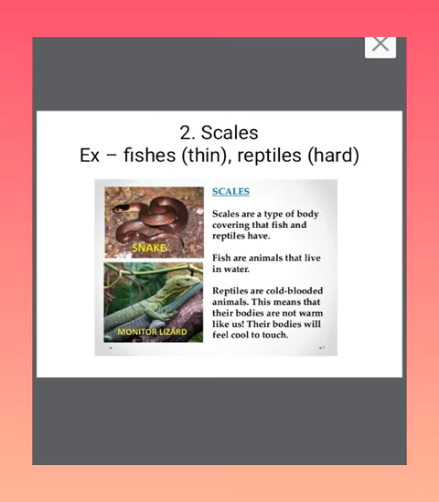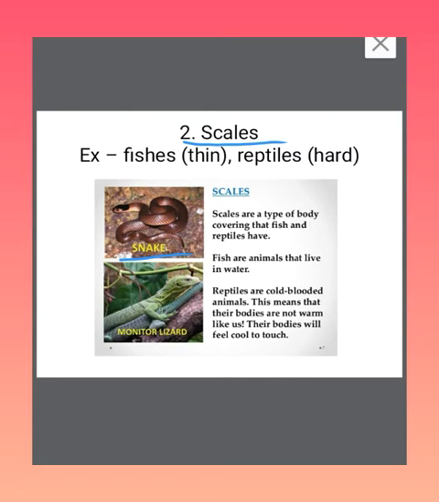Next category is scales. Those animals which have scales on their body. Where do we see those scales? We can see them in a snake. If you look nicely, you will be able to see the scales over here.